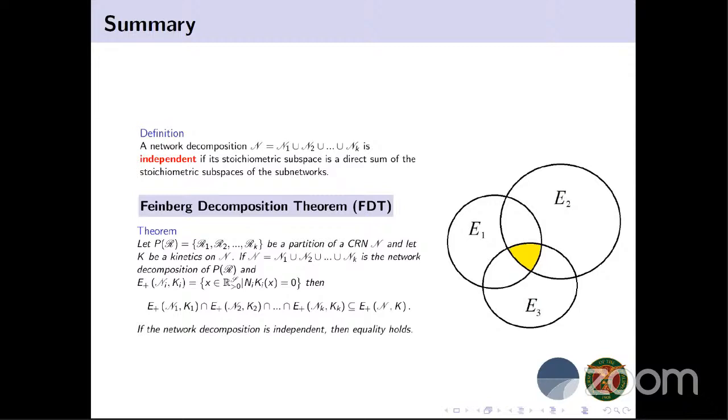So you can actually analyze this by projecting the species space of the whole network to the subnetworks with respect to the kinetics of the whole network. So with respect to the whole network siya, pababa dun sa subnetwork.